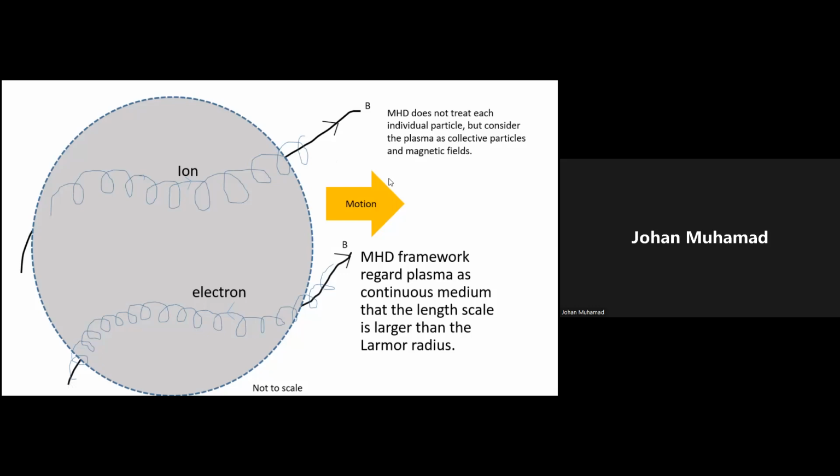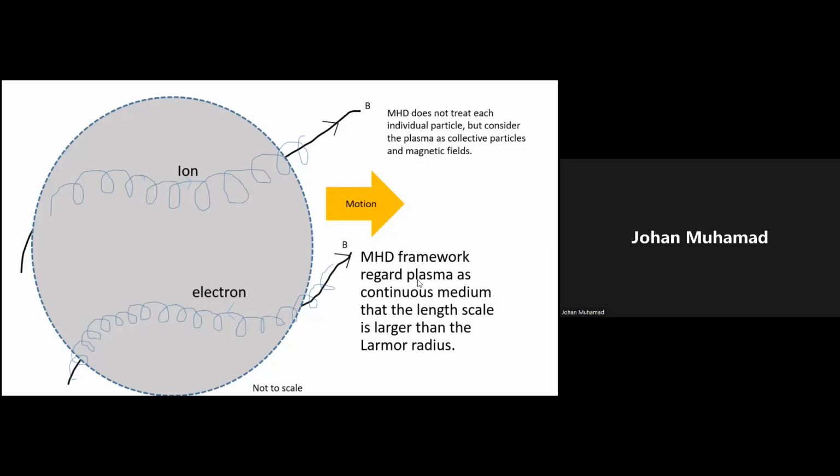It's important to understand that in MHD, we think of plasma and magnetic fields as a unity, and we don't treat each individual particle and the interactions between them, but consider ions, electrons, and all these constituents of the plasma moving together with the magnetic field. That is the MHD framework.